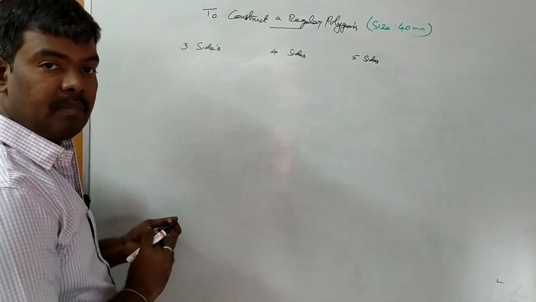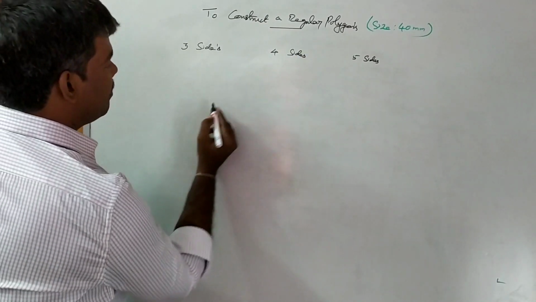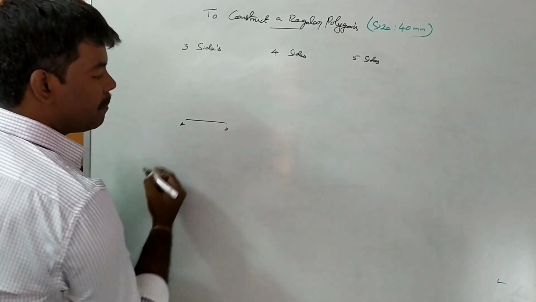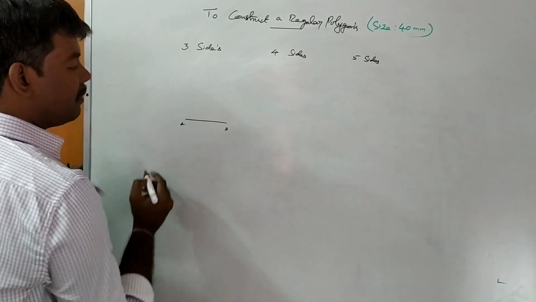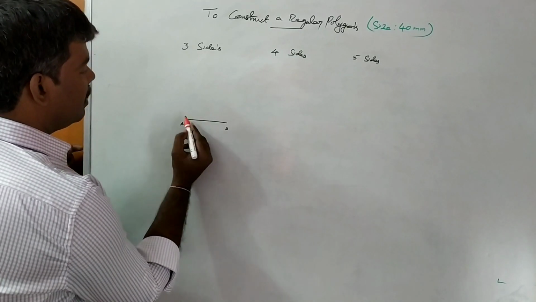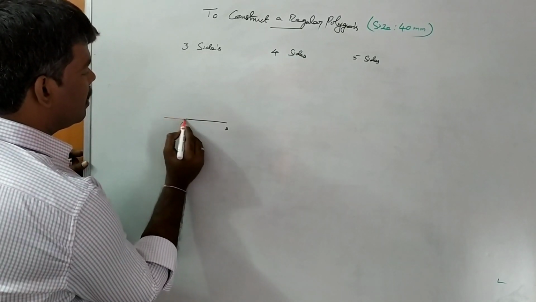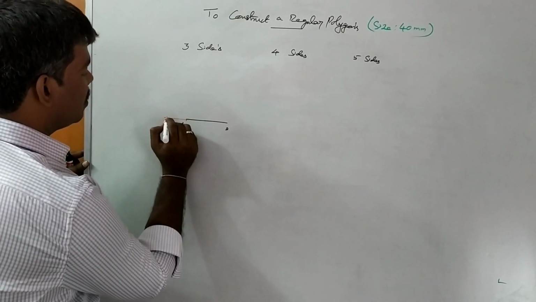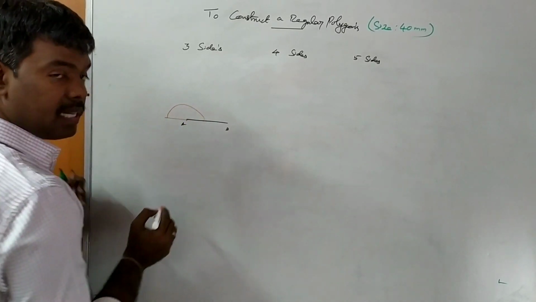by using the semicircle method. So first, the same side 40, AB. So either from A or from B, you extend from A. From A you take some x radius and draw one arc, that is one semicircle.